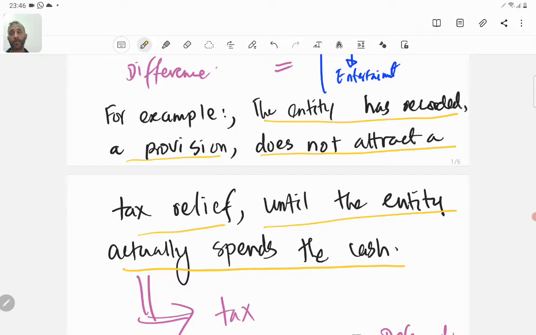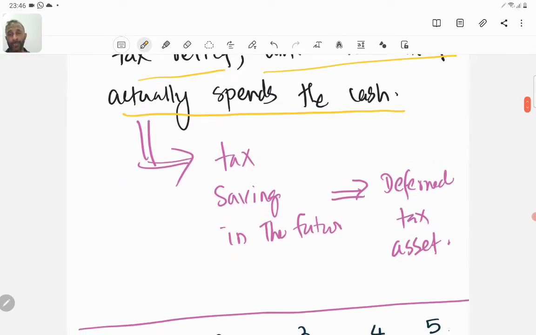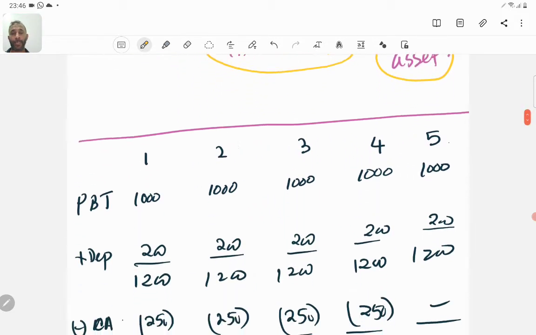So this is one good example of a deductible temporary difference. Because of that, there will be a tax saving in the future. This tax saving will result in a deferred tax asset. We will pick one example here.